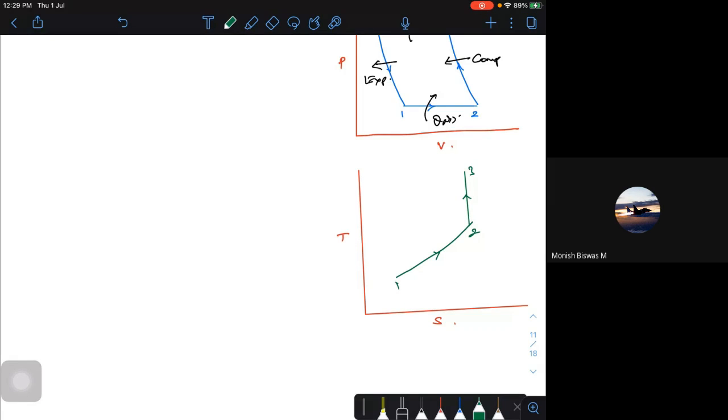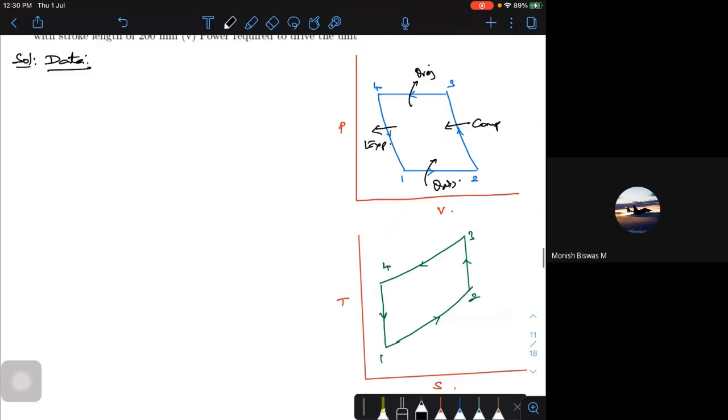Then constant pressure heat rejection, then 4 to 1, which is your expansion. This is what I have. If it is the actual cycle, I can draw that too, it's not an issue. What I'm drawing is the theoretical one, 1 to 2 or 1 to 2 dash, whatever it may be. Then we'll draw the actual one, in which case the isentropic points will become 4 dash, 1 dash, or 3 dash. We'll see that.